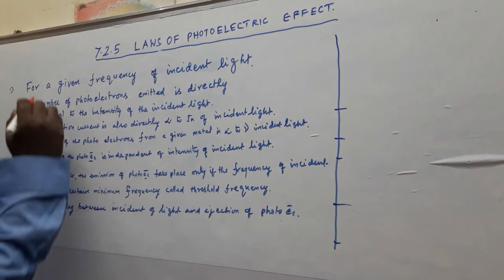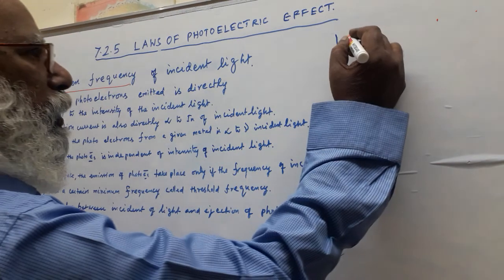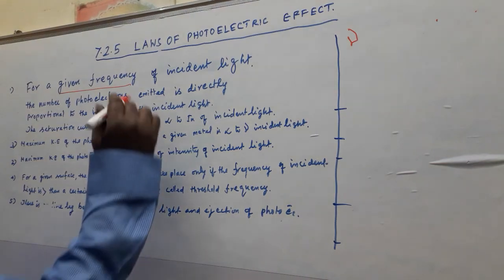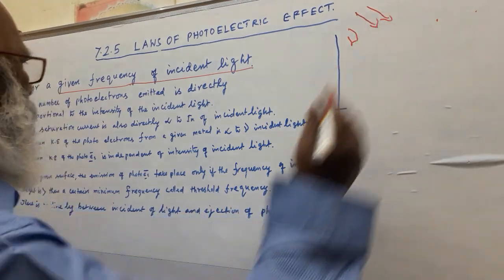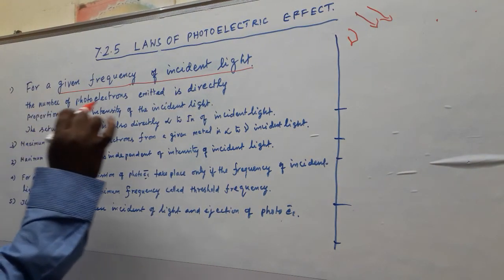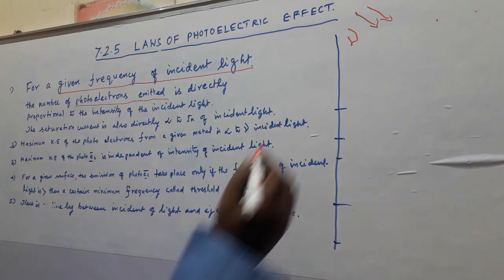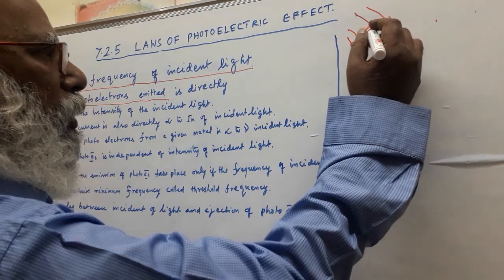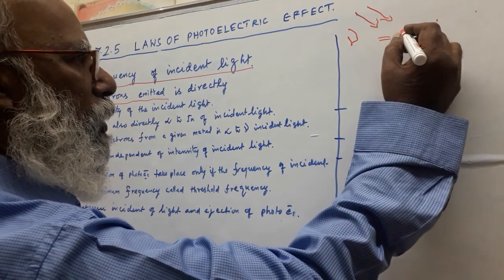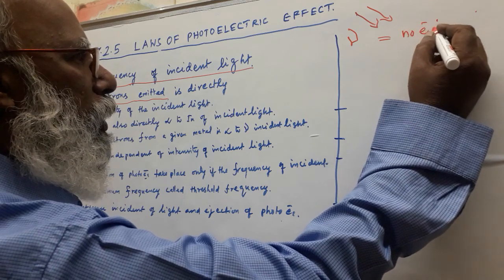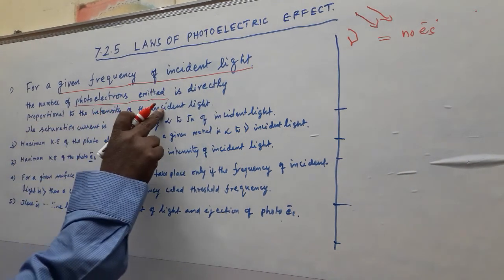For a given frequency, or you can say nu, for a given frequency of incident light, the number of photoelectrons emitted, that means the number of electrons that are produced, is directly proportional to the intensity of the incident light.